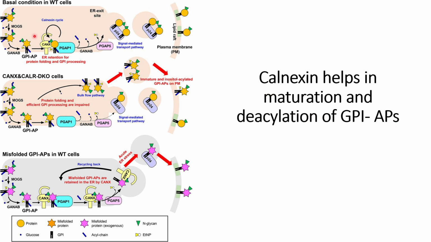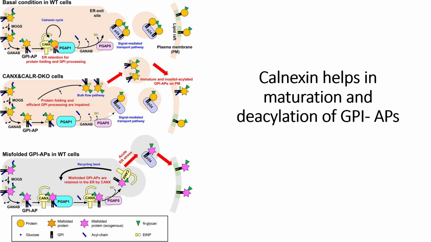In the normal condition, the translation of the amino acids occurs in the endoplasmic reticulum, and then it interacts with MOGS and GANAB, so that the carbohydrate structure, that is glucose 3 mannose 9 and N-acetylglucosamine 2, will get trimmed by MOGS and GANAB, and then remains glucose 1 mannose 9 and N-acetylglucosamine 2, which interacts with the GPI-AP, and after that it is able to interact with Calnexin, which forms a bond with PGAPs. It helps in the deacylation.